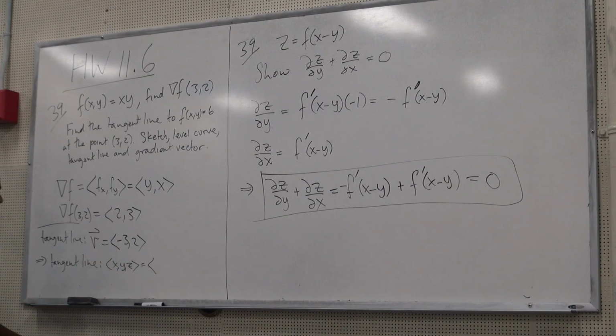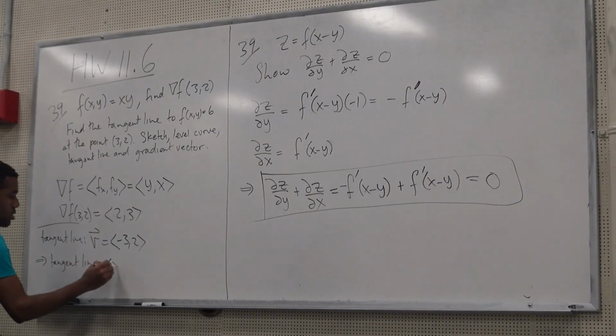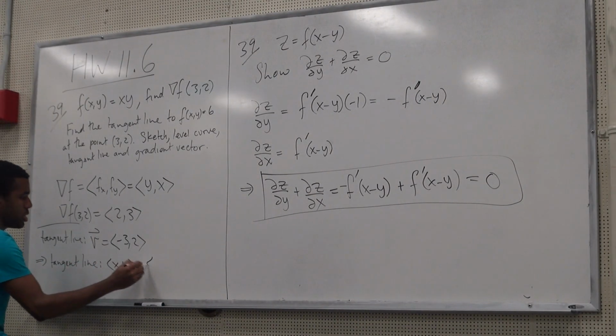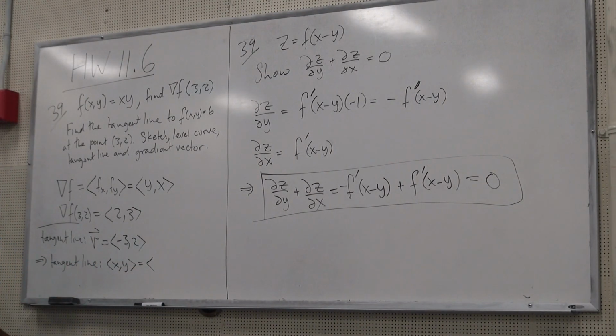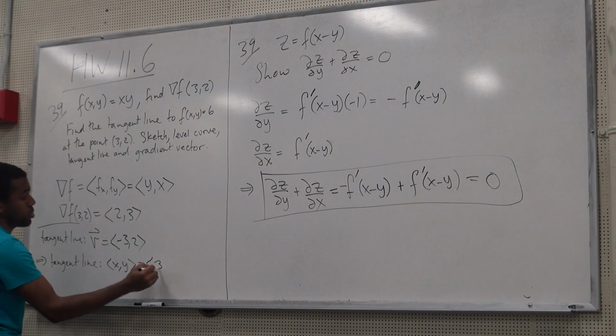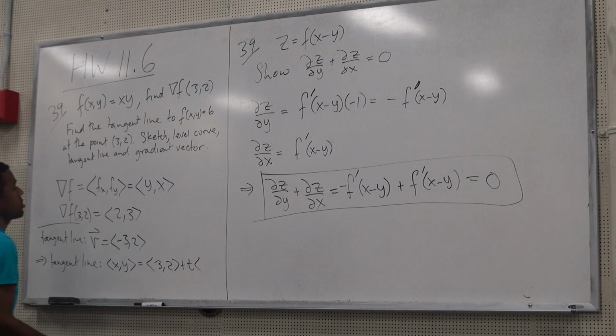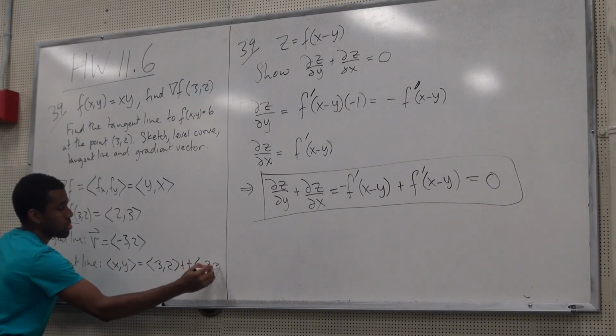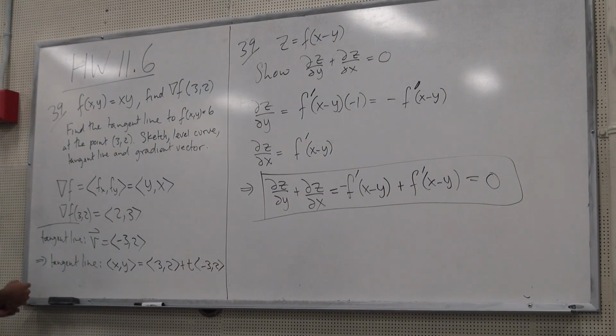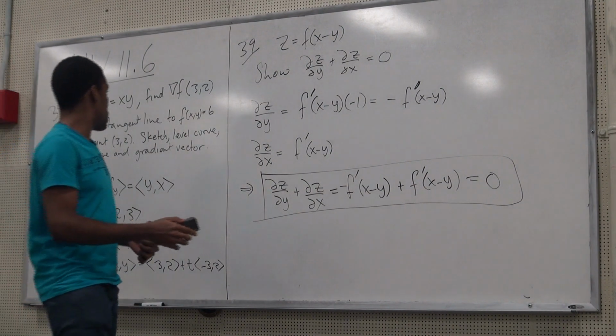Do they want this in 3D or 2D? X, Y would be equal to the point 3, 2 plus t times negative 3, 2. That's your tangent line. And so now we have to sketch everything.